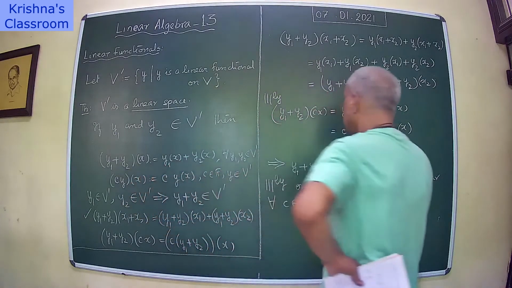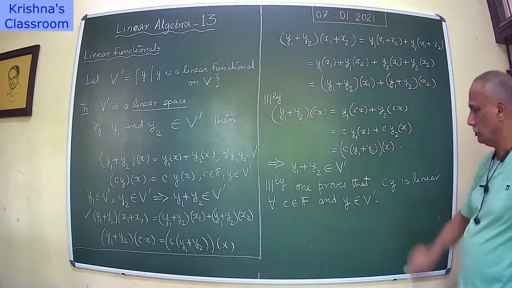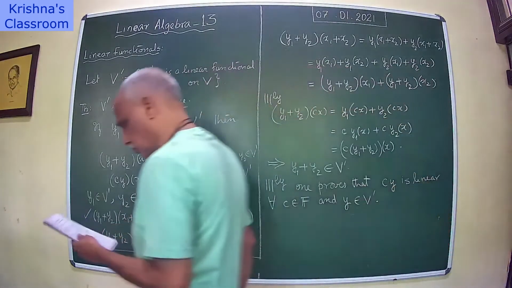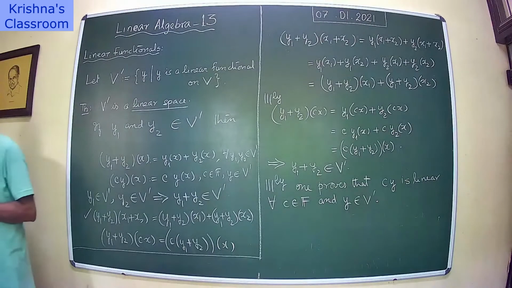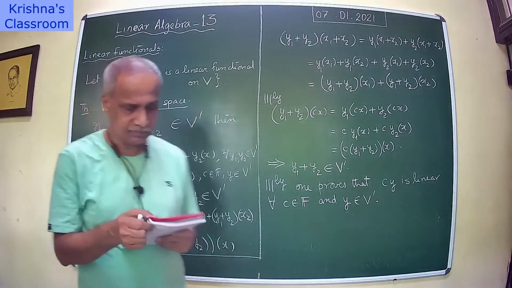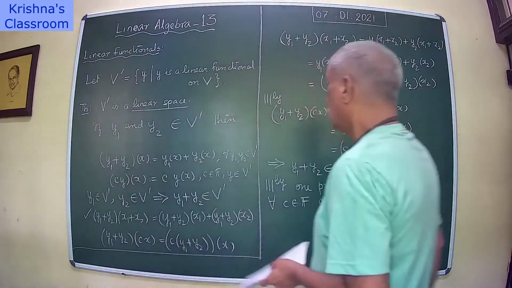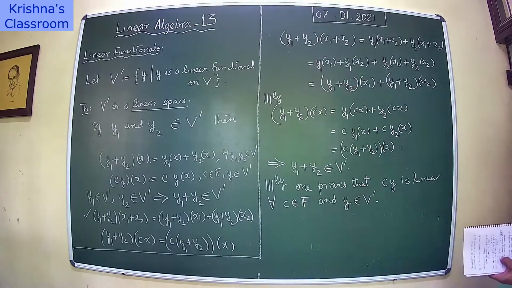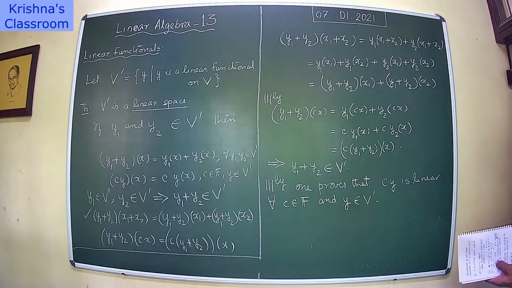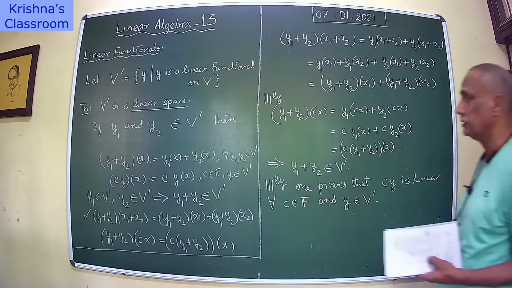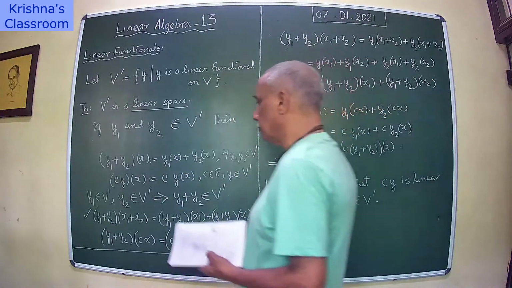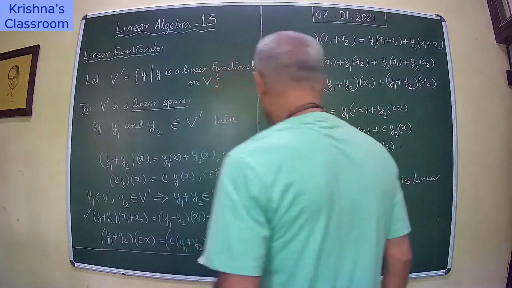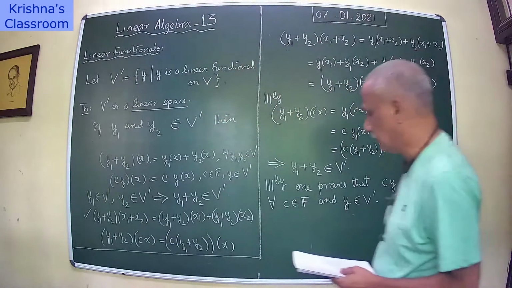It's just similar steps you have to do, but you have to do this shortcut. So that's about both: if y1 and y2 belong to V prime, then y1 plus y2 and cy are linear functions.